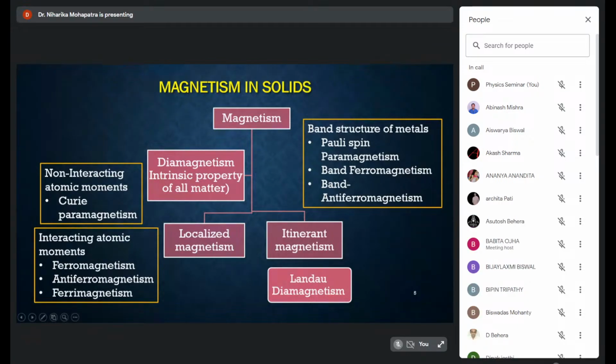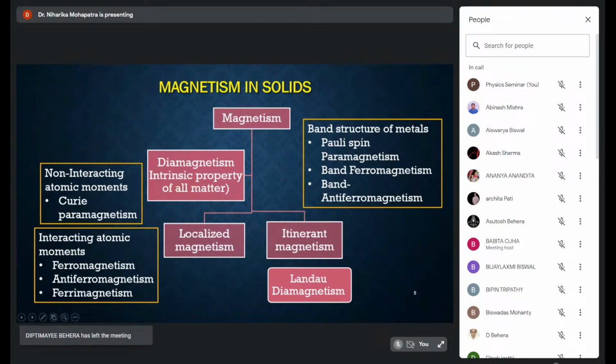What is basically the difference between these two? The localized magnetism is basically the magnetism associated with the electrons or the spins which are localized in their orbitals.